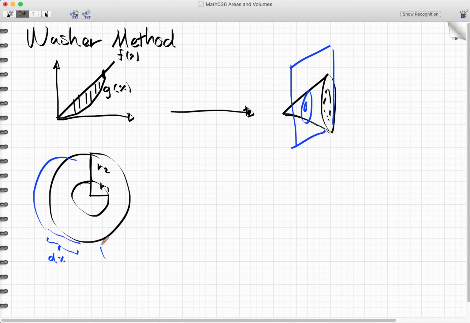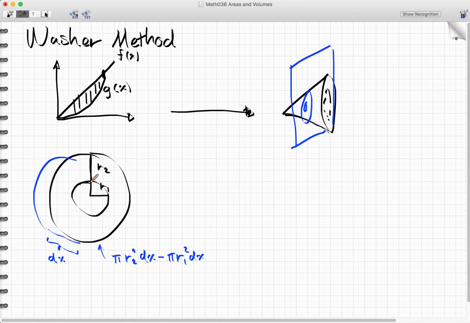Of course, the volume of this washer is going to be the area of the annulus times dx again. But the area of this annulus is going to be the area of the outer circle minus the area of the inner circle. So this will be pi r2 squared dx minus the inside, r1 squared dx.